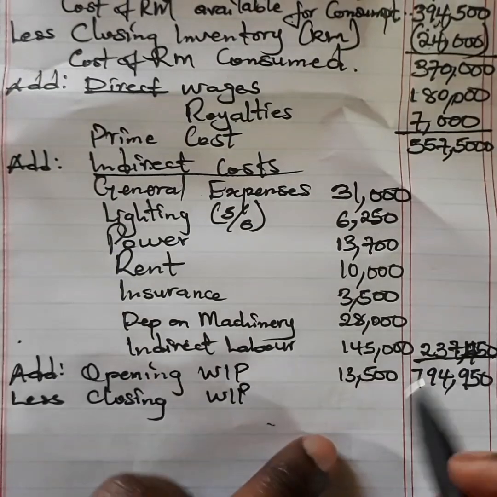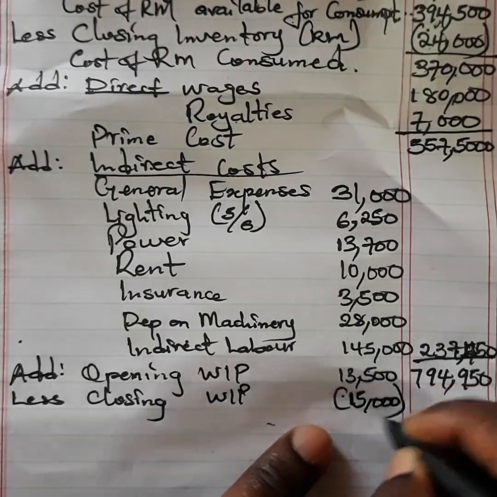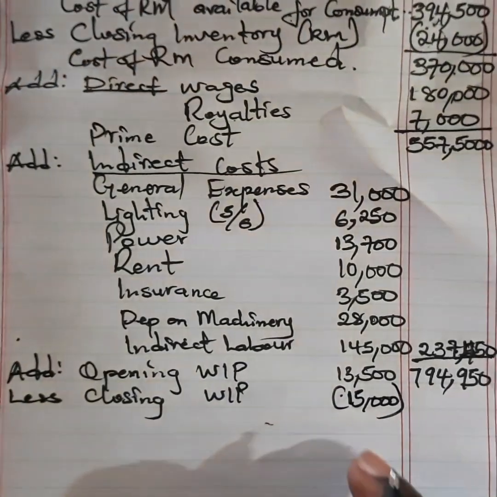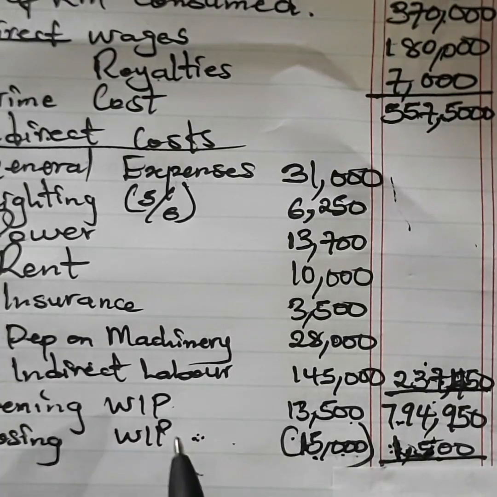So when we less this 15,000, you can see there was some cost incurred. We have the opening work in progress of 13,500, closing work in progress of 15,000. It means the difference between the two, which is 1,500, is a cost which has not yet been incurred. In other words, this cost is still pending in the manufacturing business.